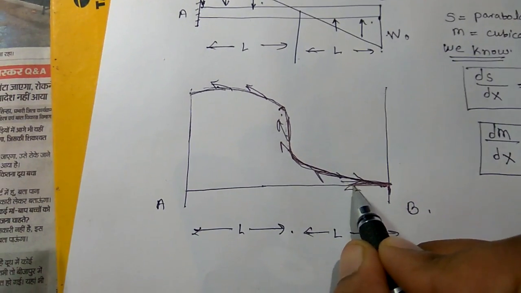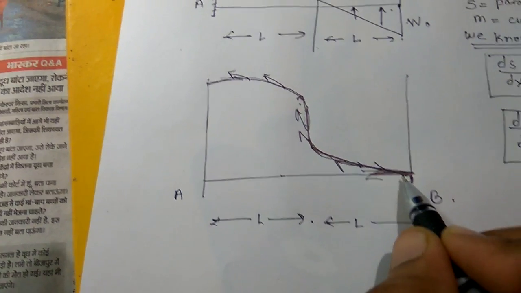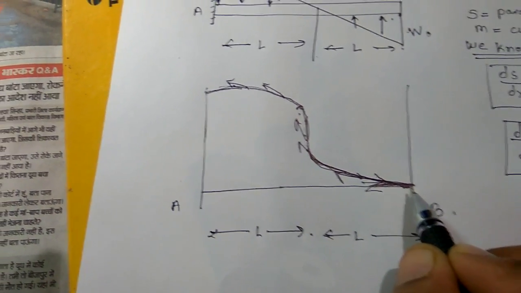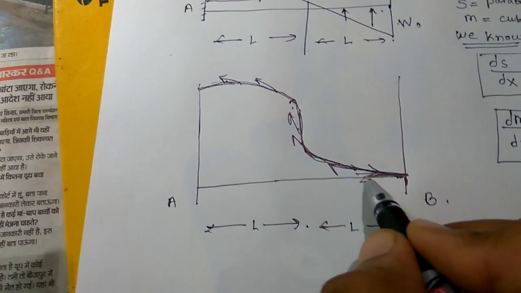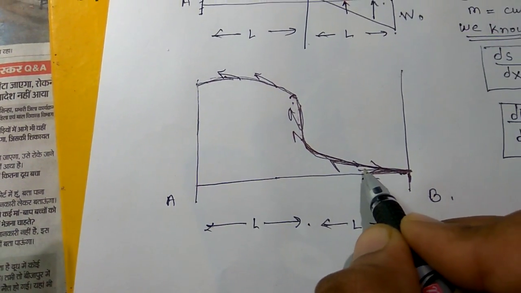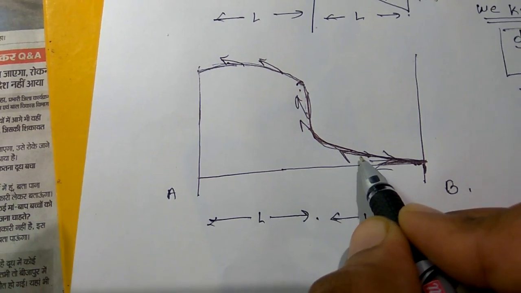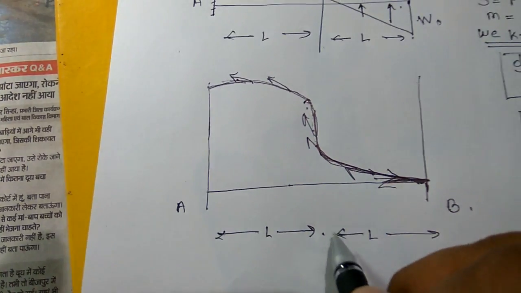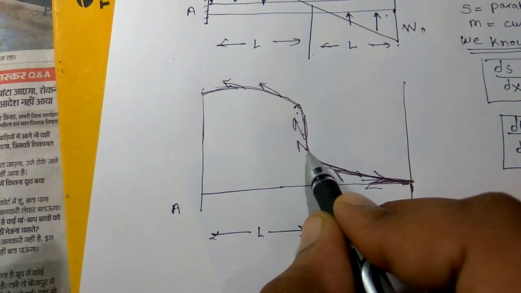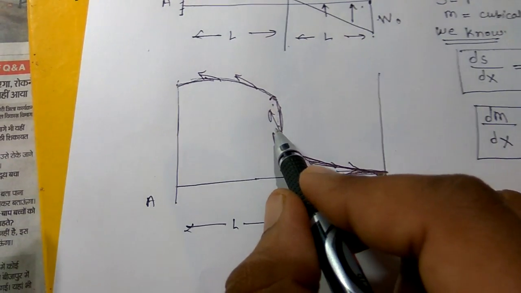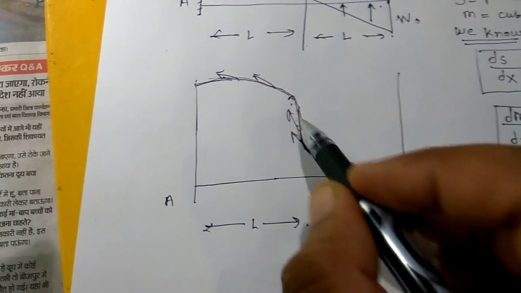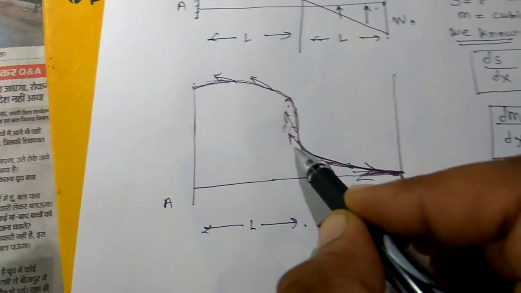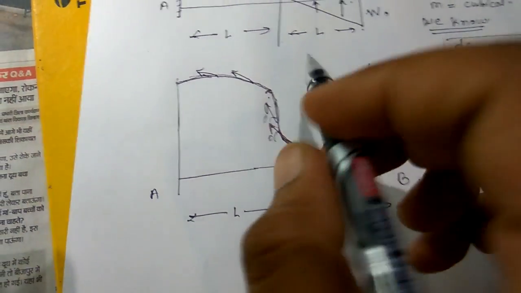So the tangent makes an angle of 0 degrees, so the shear force at point B is 0, and after that the shear force will increase, and the tangent at every point will make an angle uniformly increasing. At the length L, the slope of the bending moment diagram becomes maximum, making an angle theta which is greater than this angle.